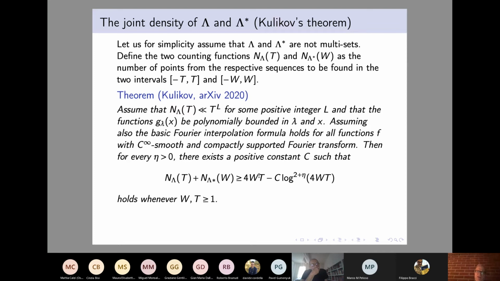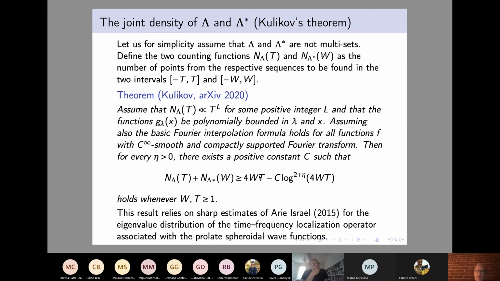This relies very much on some beautiful estimates of Israel for the Prolate spheroidal wave functions, which are the functions you get when you study the time-frequency localization operator in this situation. So this is a quite non-trivial result.